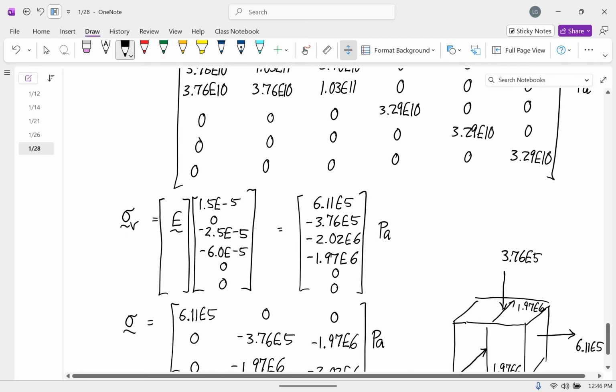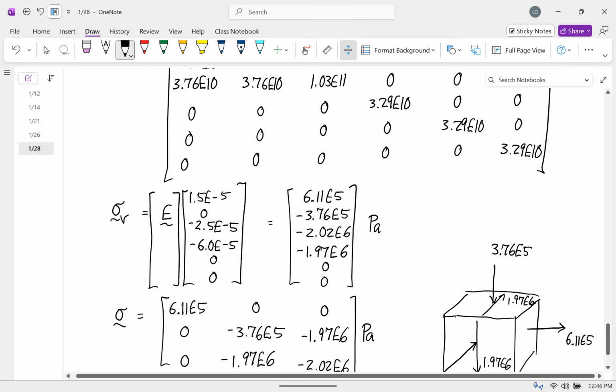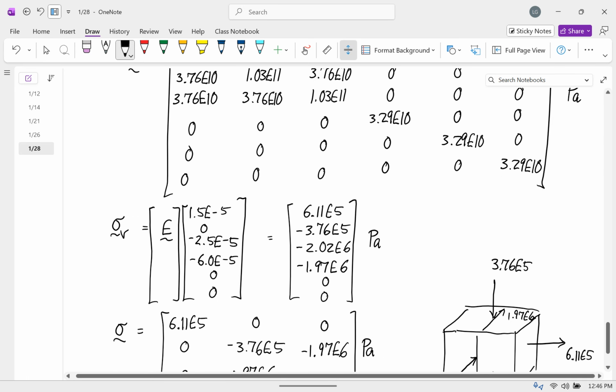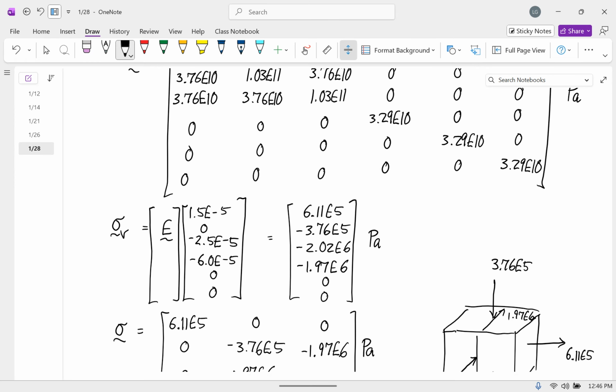I want to point out one thing here. Our strain, notice that at this point there was no normal strain in the y direction, no stretching or compression, contracting in the y direction. So what's going on that there is internal loading in the y direction? Where does that come from?